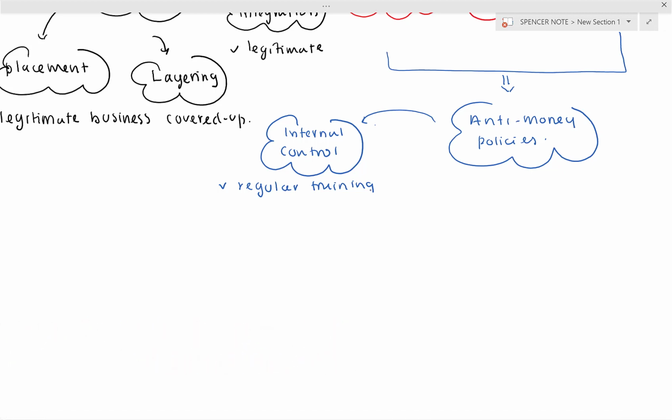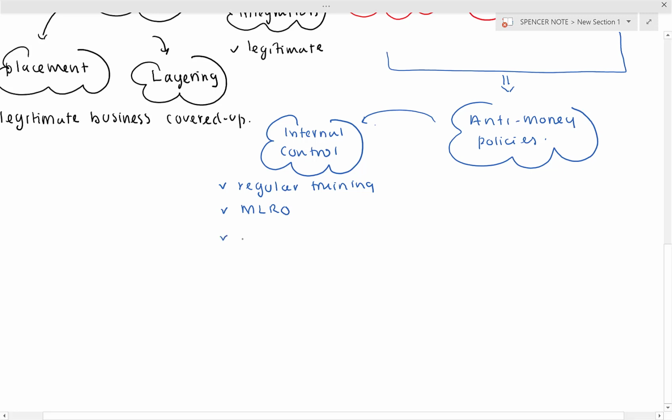Staff must receive a clear procedure on how they should report suspicion of money laundering activity, and also the appointment of a money laundering reporting officer where staff can channel any report on suspicion to.